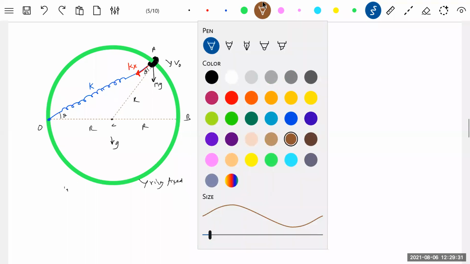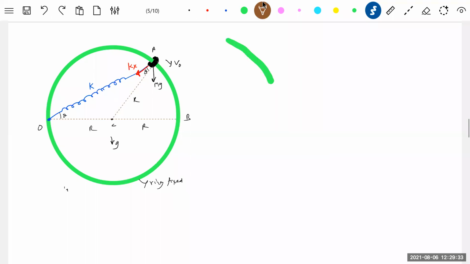Some thick line we will take. Now how will the bead be in contact with the ring? The bead will be in contact with the ring in this way. You'll be having a keychain, no? When you look at that keychain, things will be like this.